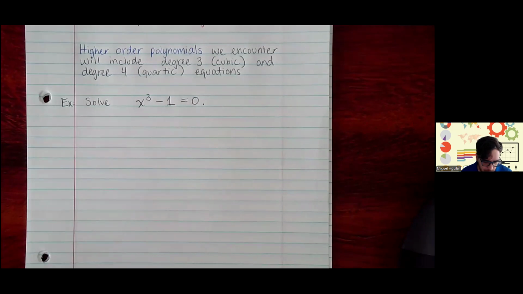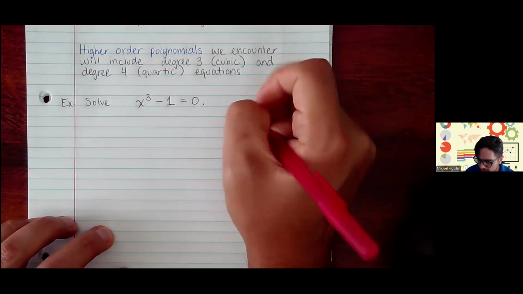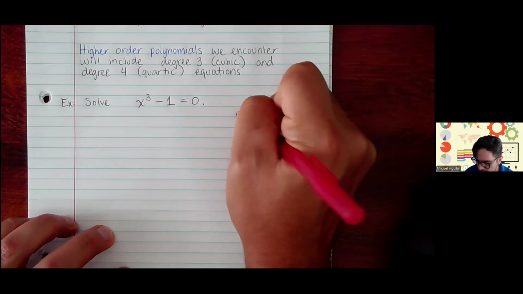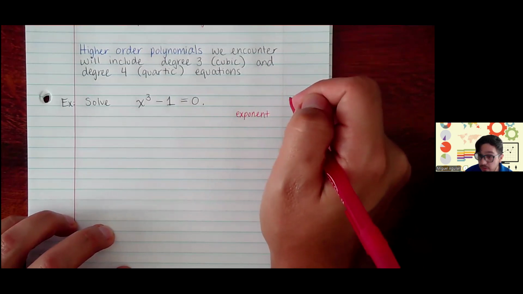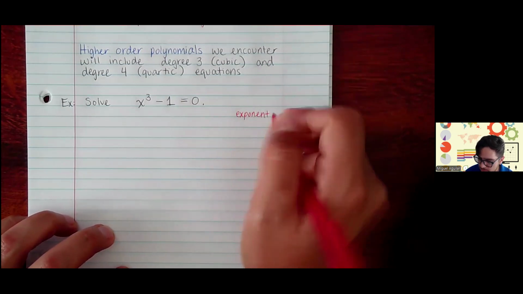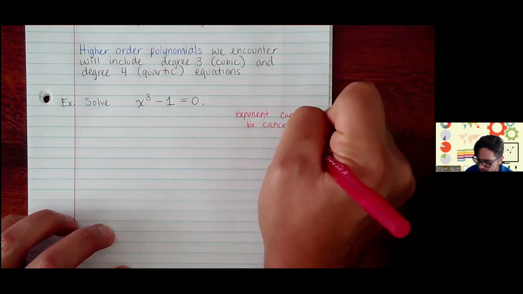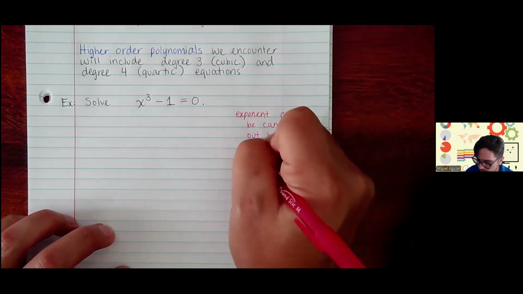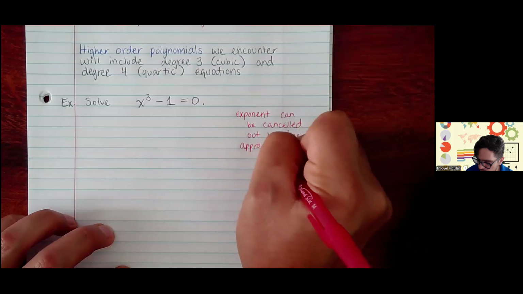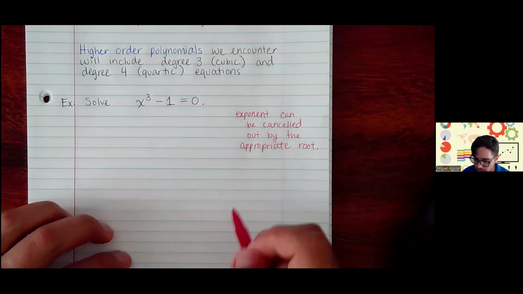For one, one idea that we learned in a previous lecture is that exponents are inverses of roots. So in that sense, an exponent can be canceled out by the appropriate root. That's one idea that we want to think about here as we work our way through this equation.